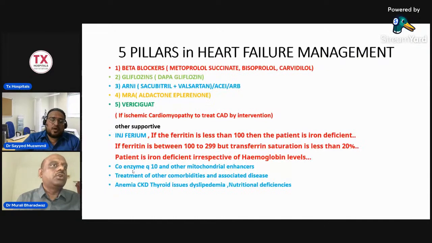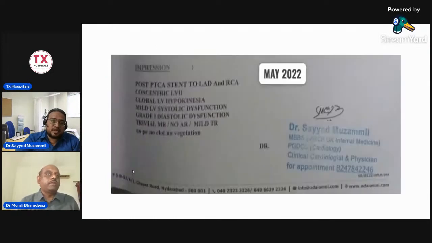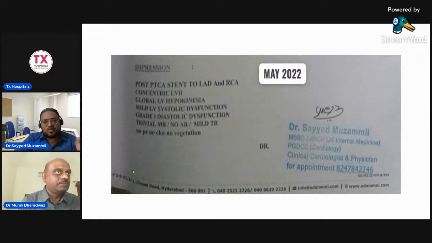Doctor, one quick question, sir. Can there be a global LV hypokinesia with only a mild LV systolic dysfunction? Yes, sir, it is possible. Mild global LV hypokinesia with mild LV dysfunction comes in many cases.